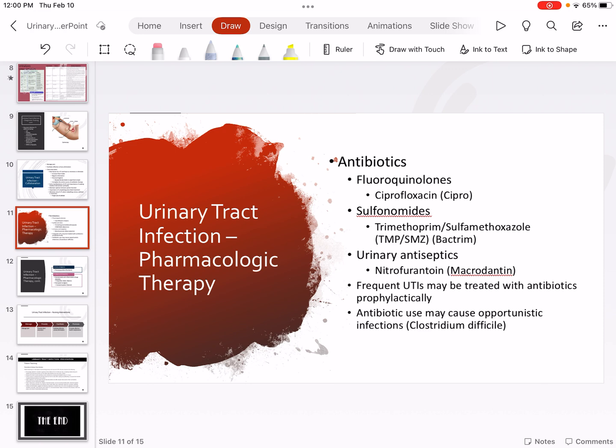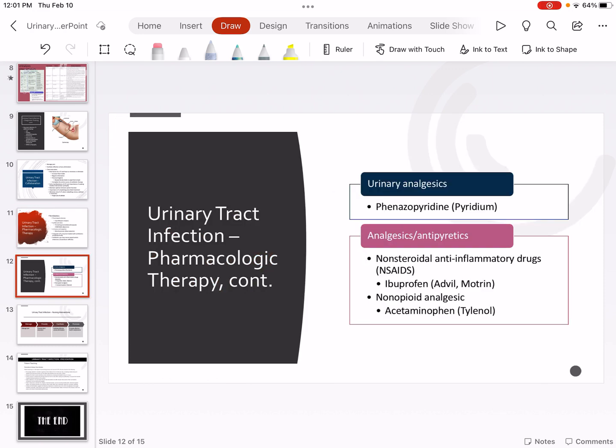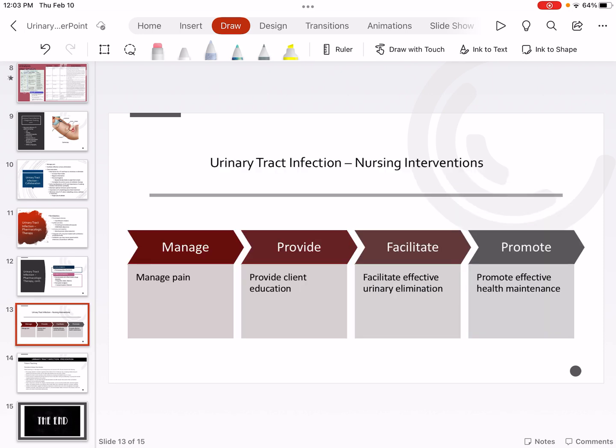That involves instilling contrast medium into the bladder and then using x-rays to assess the bladder and other urinary tract structures. A cystoscopy is really where they insert that scope into the urethra and up into the bladder and ureter, and they assess the structures of the urinary tract.